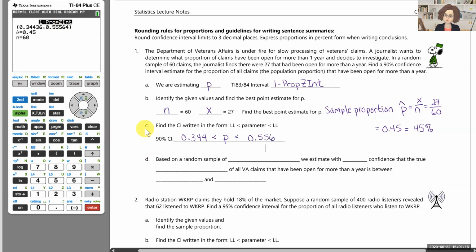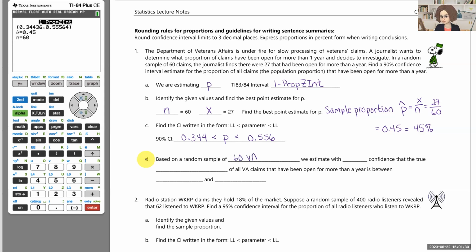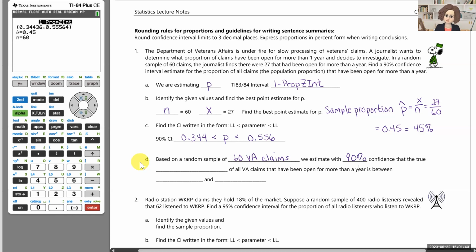All right, and then when we write the sentence summary, we will express those proportions in percent form like we would normally speak. So based on a random sample of 60 VA claims, we estimate with 90% confidence that the true proportion, so true is a substitute there for the word population, we use those interchangeably.